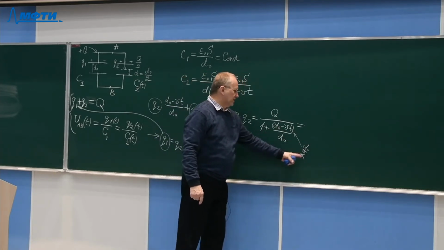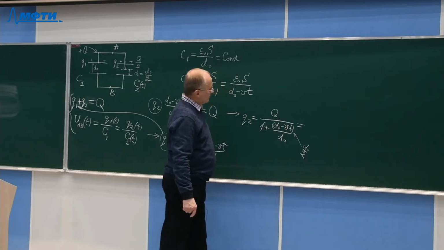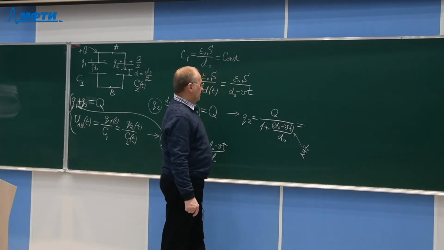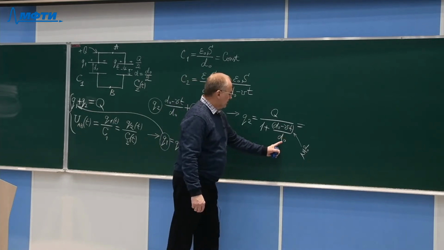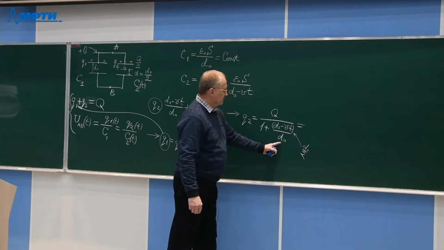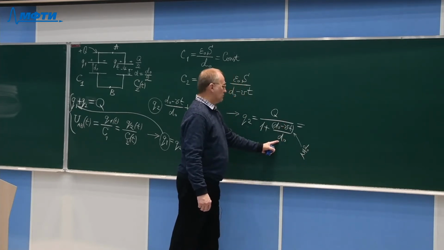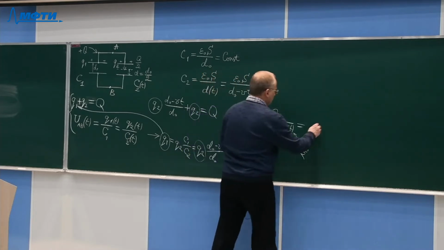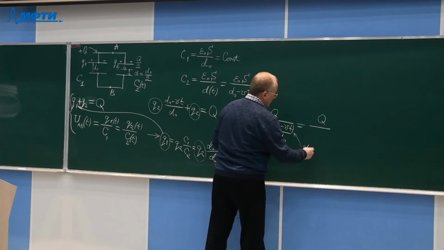That value is the final value for this round brackets. And then we will find that D0 divided by D0 will cancel, and the only thing remaining here will be 1/2. So that will be equal to Q divided by 1 plus 1/2.